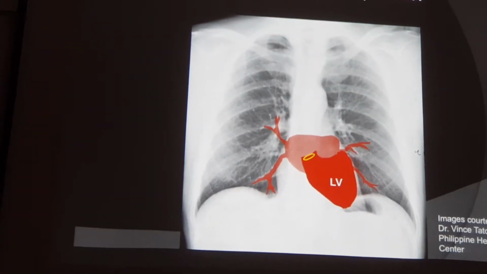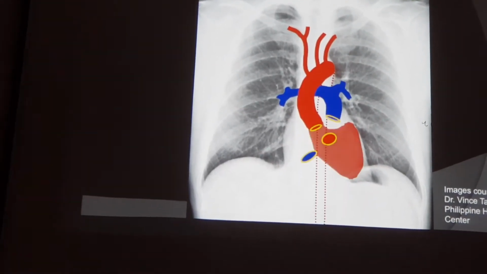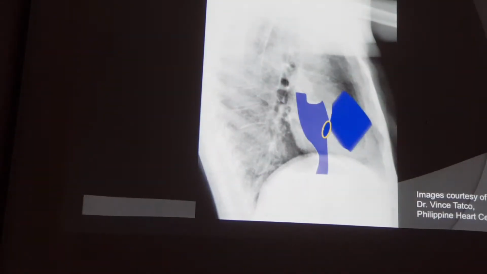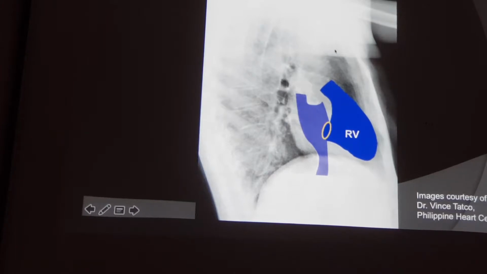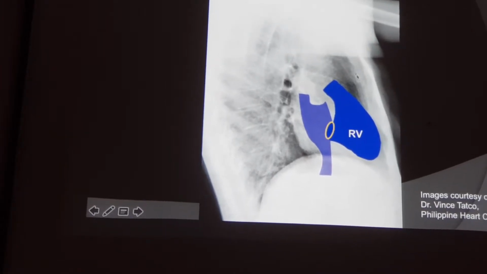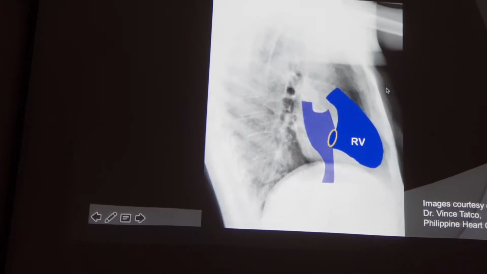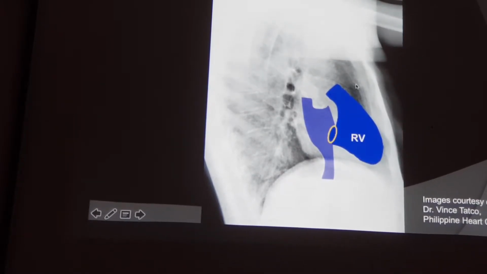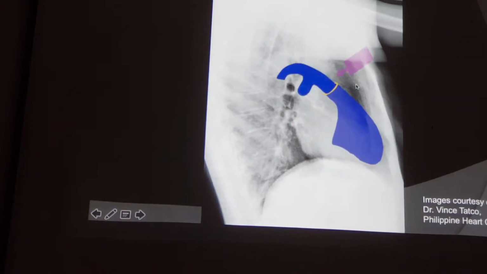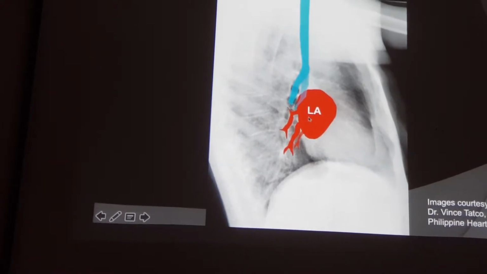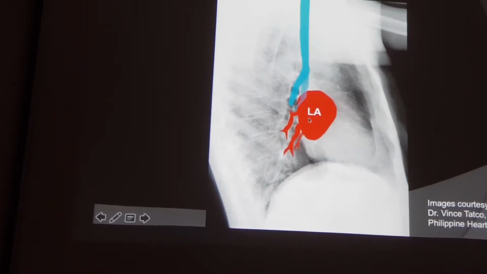The direct sign can be seen more in the lateral view. In the lateral view, RA, RV, you will see that you have a space here. So if you have retrosternal fullness, that means your right ventricle is enlarged. And here, left atrium, if it enlarges, as I was saying earlier on the AP view, it's going to split and cause widening of the carinal angle.